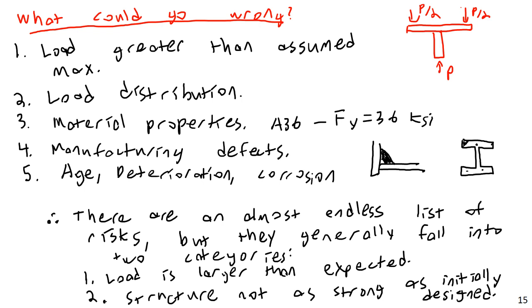But no matter what I do, there's still going to be some risk, because I could take a sample of the steel and test it, but who's to say that maybe the piece I tested happened to be stronger, maybe the defect was elsewhere in the batch that was poured or something like that. Anyway, the moral of this is that while risk can be controlled and reduced, it can never be eliminated.